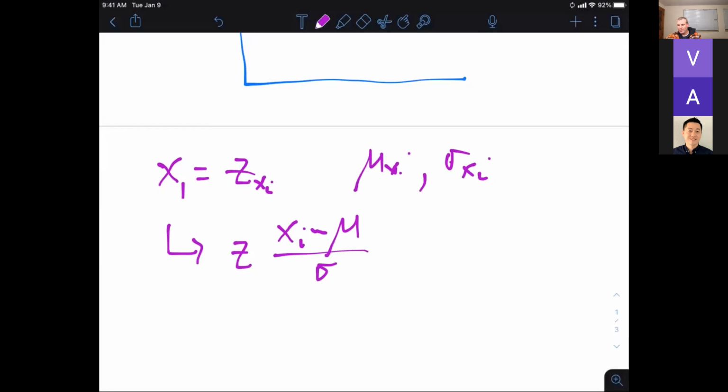That's it. It's just the z-score, if you remember from statistics and having a normal distribution and a normal plot.